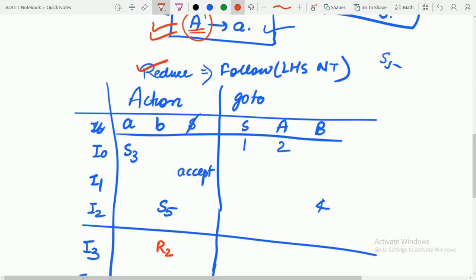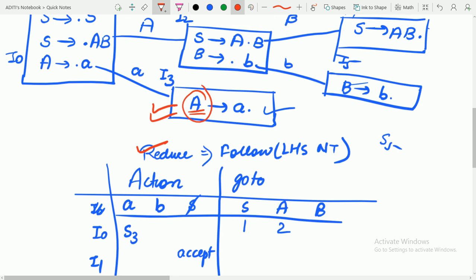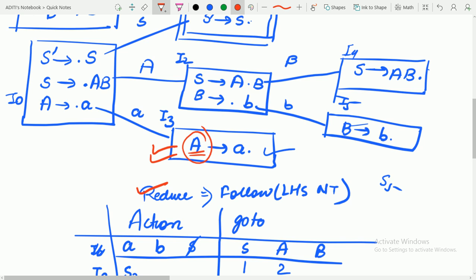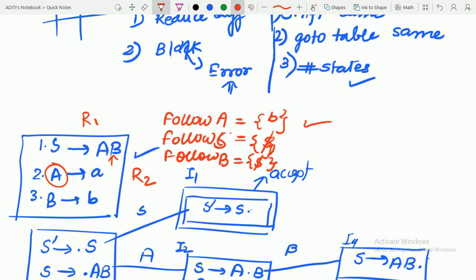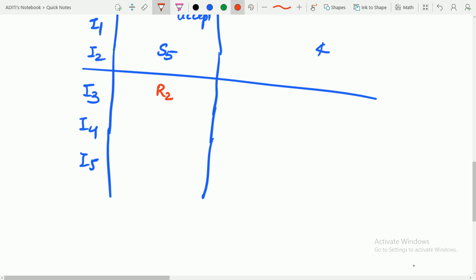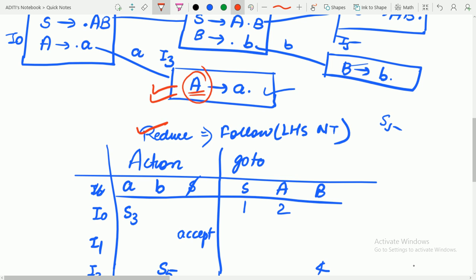Now for the I4 state, it is S produces AB dot. This is production number 1, so R1 will be placed on the follow of S. Follow of S is dollar, so R1 will be written on dollar. So this is I4, R1.